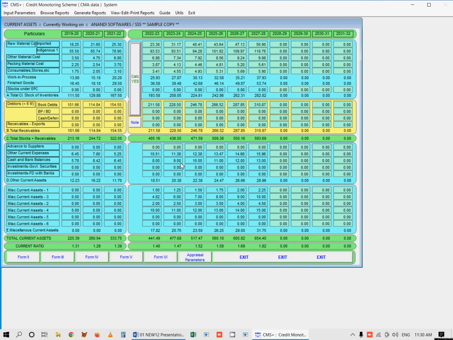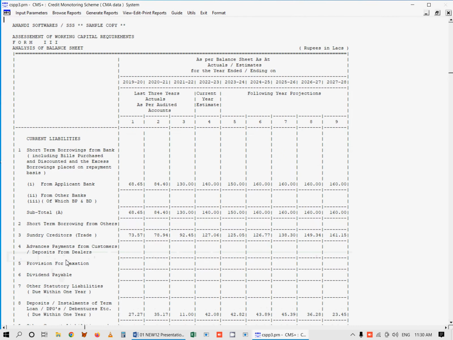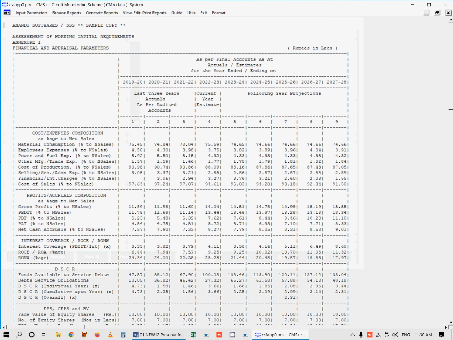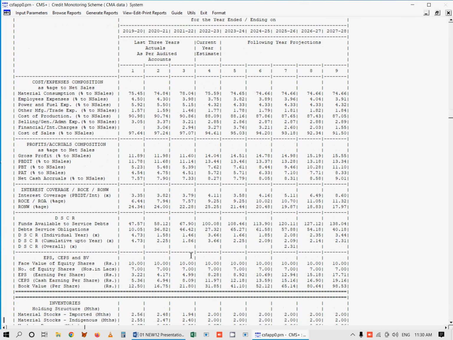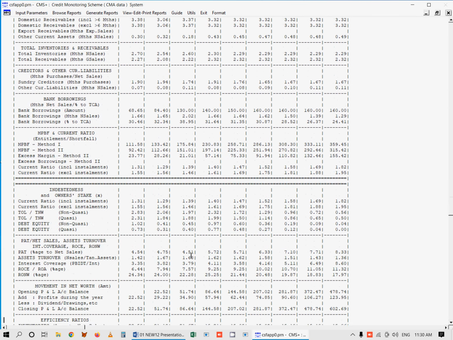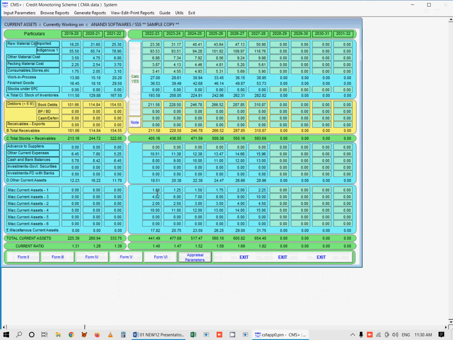B. You could view all your CMA data reports, say form 2, 3, etc. C. You are getting 3 pages of instant and quite detailed appraisal analysis, separately for vouching and verifying the profitability, extensive working capital analysis, and detailed insight into an analysis of balance sheet. All this you find while doing the input in the same screen itself and no need to traverse around.